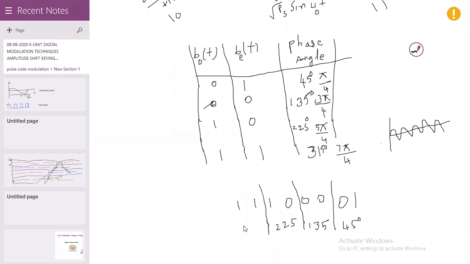Since it is 1 1, here we set 315 degrees phase angle and transmit the signal. So this is QPSK. So for any combination of 2 bits, we take the combination: 0 1 is 45 degrees, 0 0 is 135 degrees, 1 0 is 225 degrees, 1 1 is 315 degrees phase angle, and we have to transmit the carrier signal.